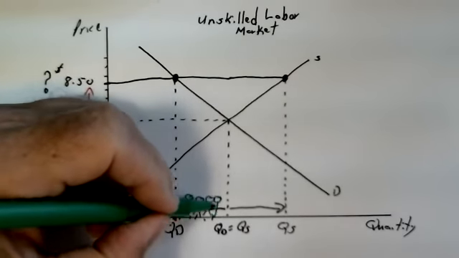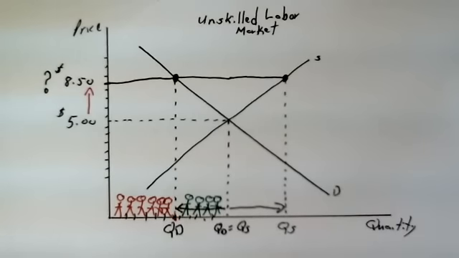These are people who used to work when the wage was $5 an hour, but now at $8.50 an hour they've been laid off. So they are not better off. It's sort of a word game. They make $8.50 an hour, but they work 0 hours a week. So no, for them, wages have not gone up.